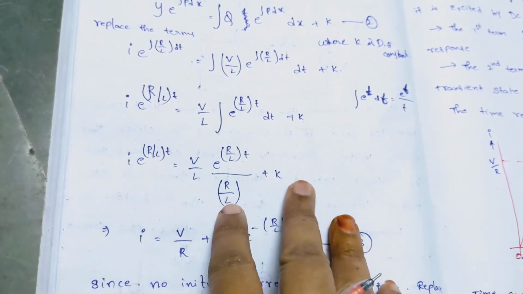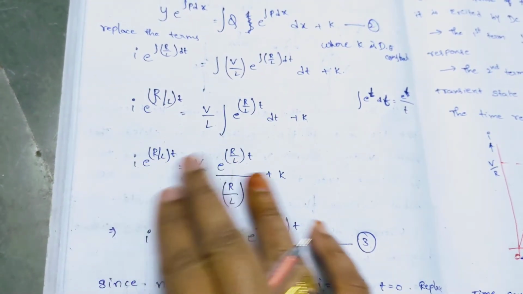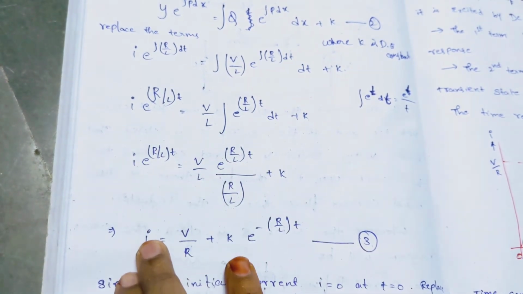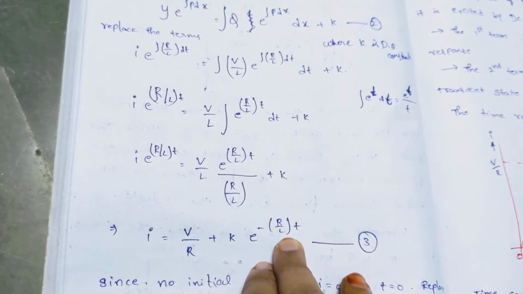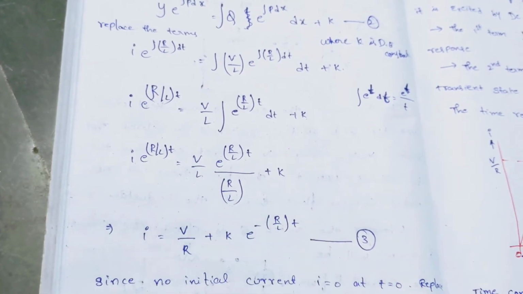The e power term is common on the left and right hand sides, and rearranging, I equals V by R plus k into e power minus R by L into t.